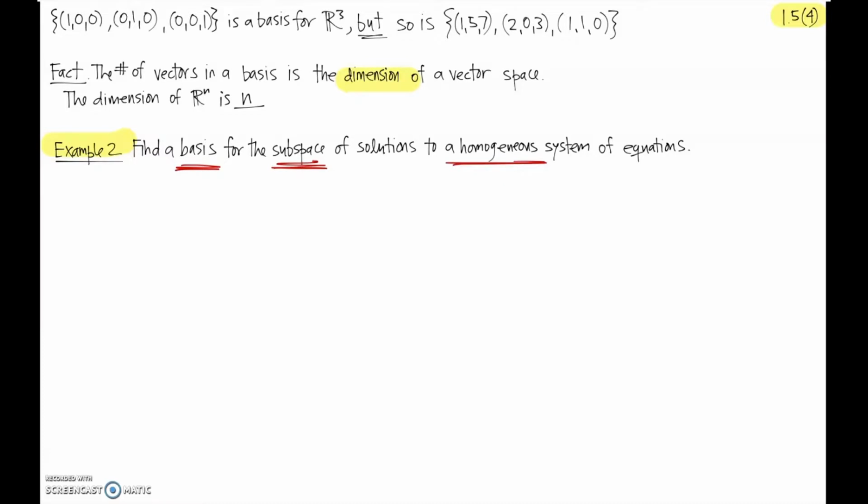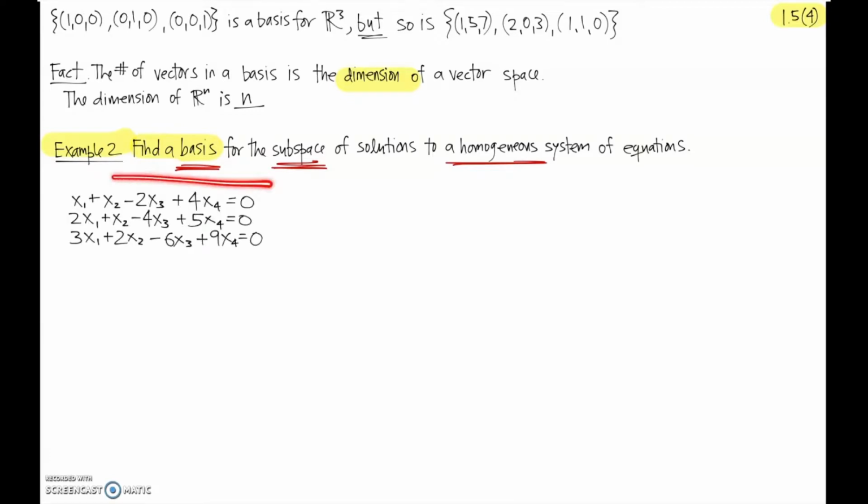We learned last time in section 1.4 that solutions to a homogeneous system of equations will form a subspace. That's a big deal. And any subspace, which is itself a vector space, will have a basis. And this is the first time, though, that we're being asked to find the basis. And we're going to talk about how to do that.